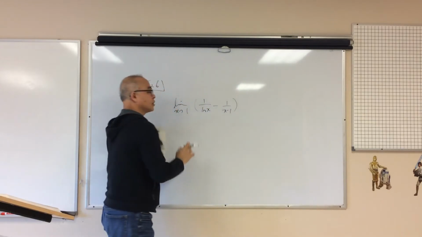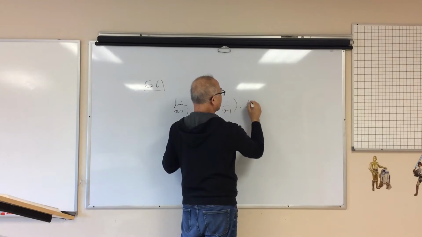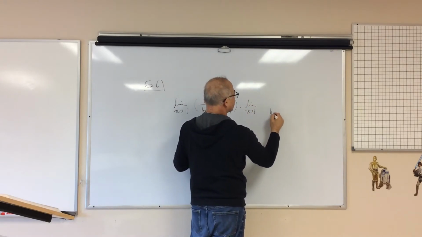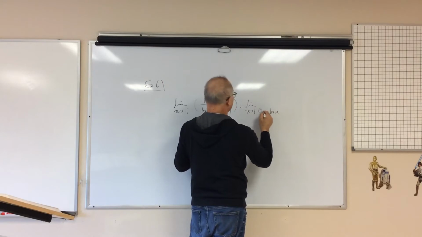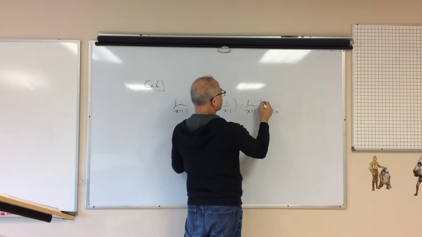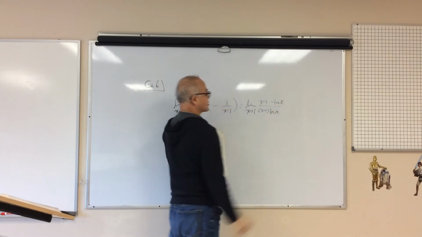So the first thing to do is we're going to combine the denominators. As x approaches 1, I get x minus 1 minus natural log of x, over natural log of x times x minus 1.